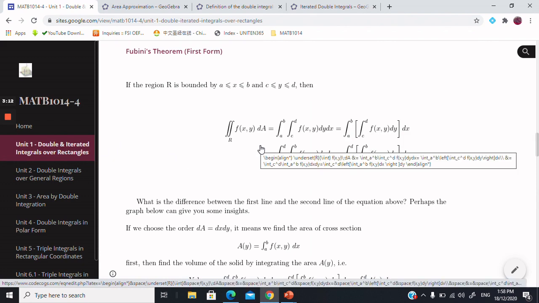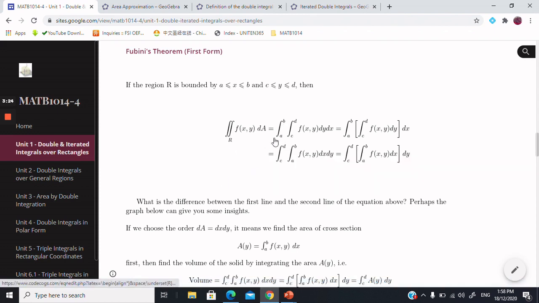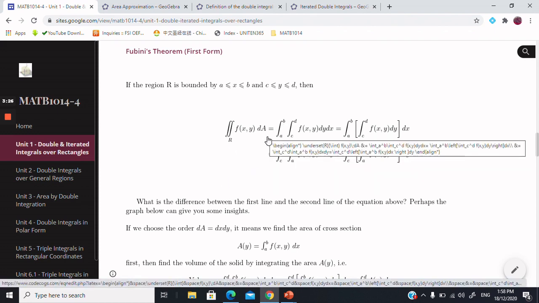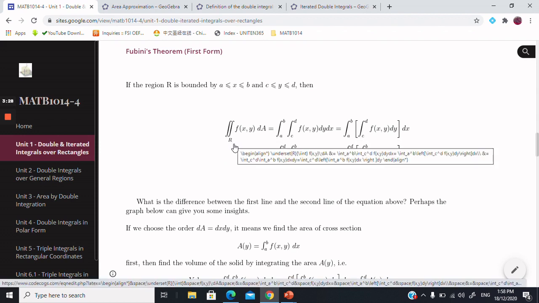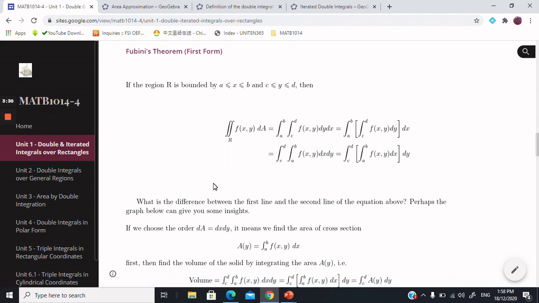When the limits of integration or the order are yet to be set, the symbol R will be placed below the double integral sign to represent the region, and the differential is written as dA. The region here refers to the projection of the solid on the xy plane, or the base of the solid.